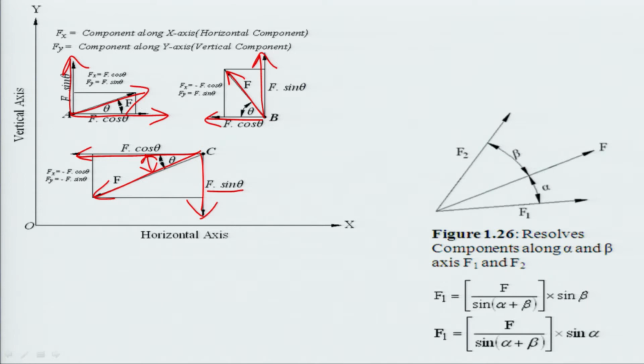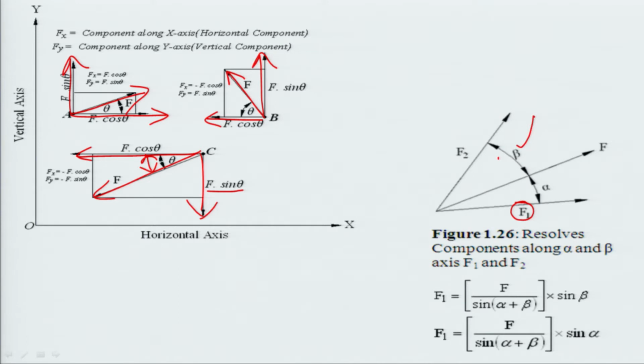If the forces are not perpendicular, if the components are required not at right angle, but at some certain angles alpha and beta like here, then the value of F1 will be F divided by sin of alpha plus beta, into sin beta.